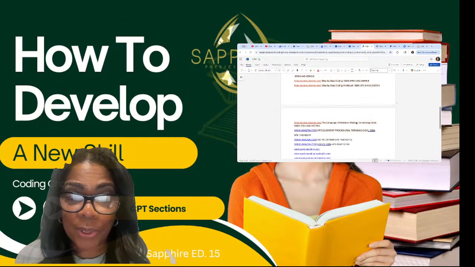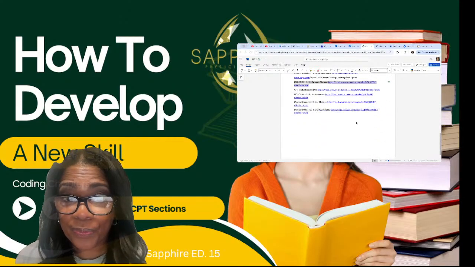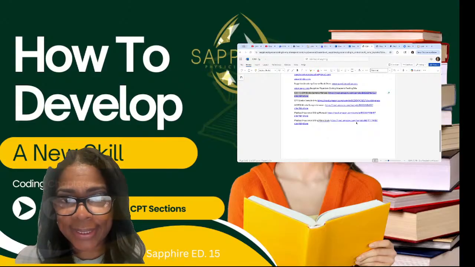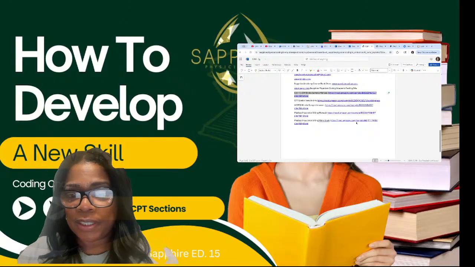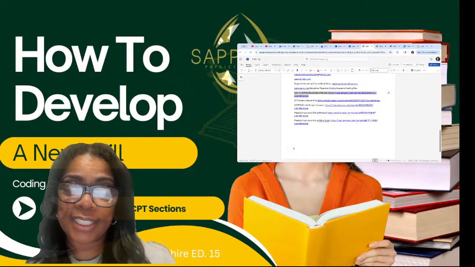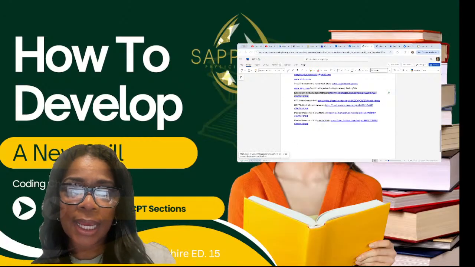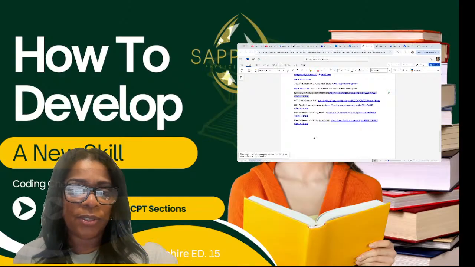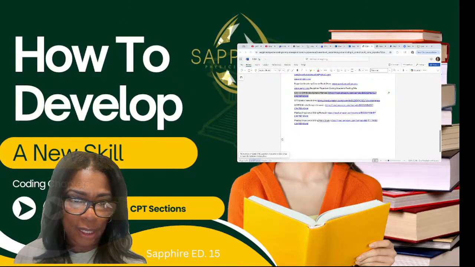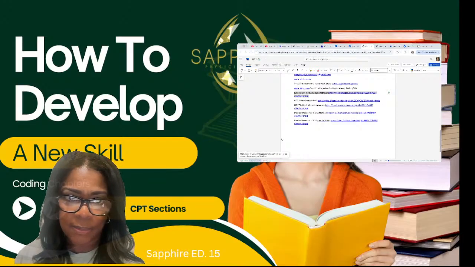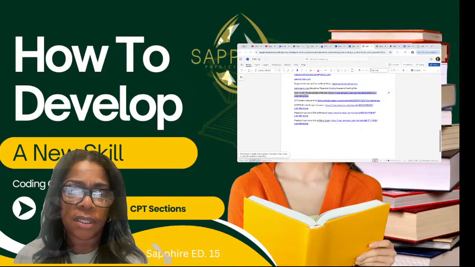It's not the same link, but it is the same book. I got it the same way for some of my students that don't have access to books. This is where I bought it from. Here it is. Step by step. Okay, so this is it.